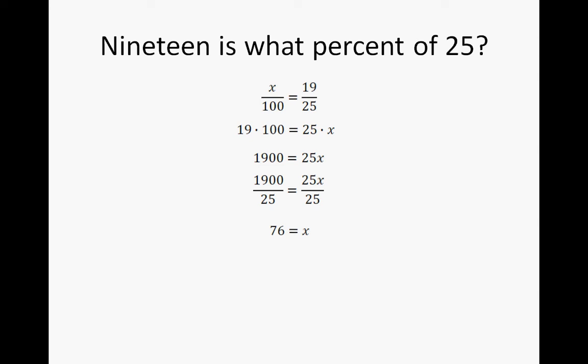So the answer to this question in proportion form is 76 out of 100 is the same as 19 out of 25, or 76 hundredths is the same as the fraction 19 25ths. And to answer our question, 19 is 76% of 25, or what you might hear is 19 out of 25 is 76%.